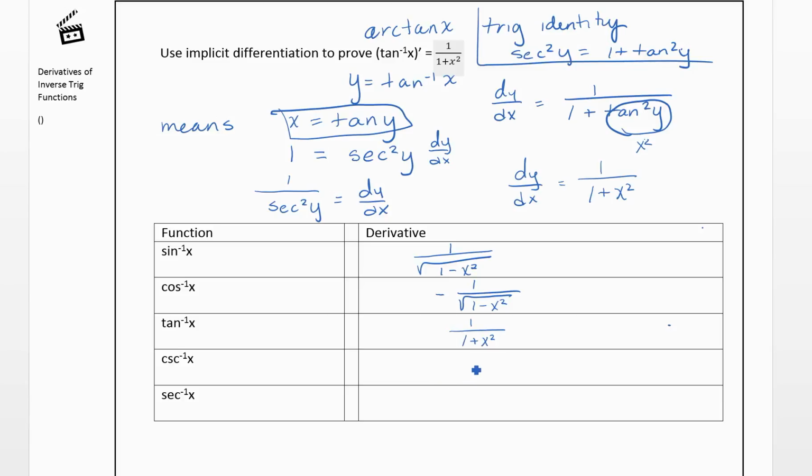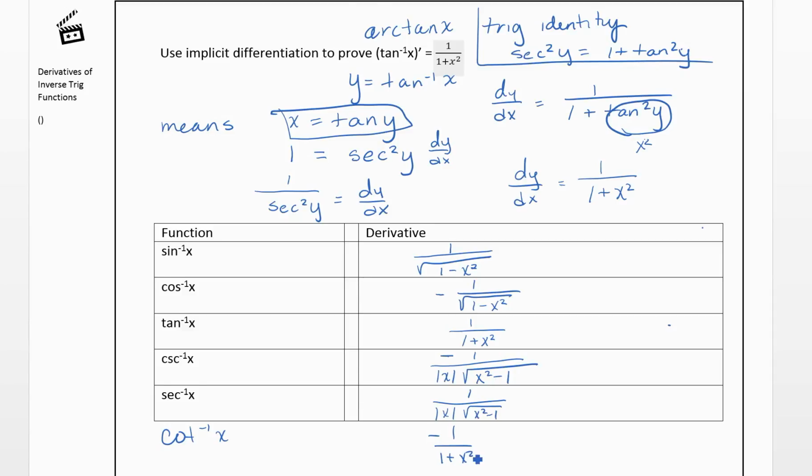For cosecant, it's negative 1 over the absolute value of x times the square root of x squared minus 1. Sorry, for cosecant I should have had a negative out in front. For secant, it's that without a negative. And I accidentally forgot one here. We need cotangent inverse of x, and the derivative there is negative 1 over 1 plus x squared.